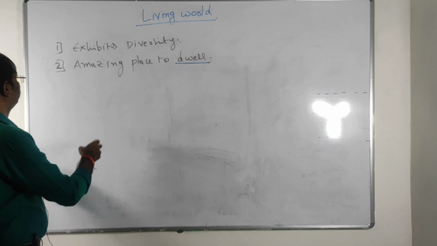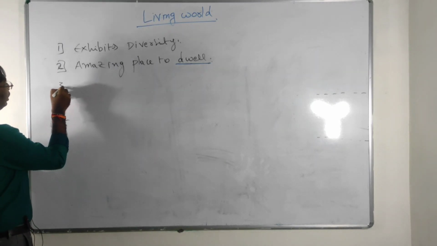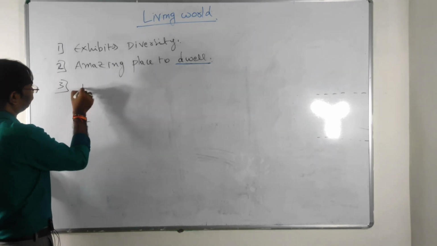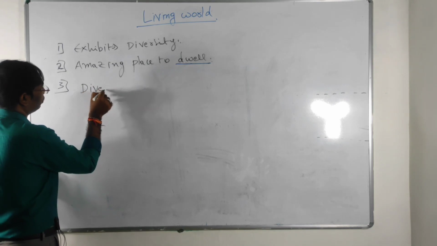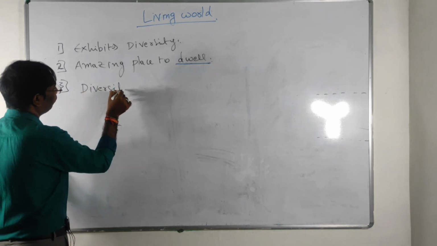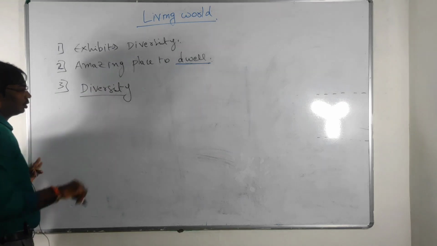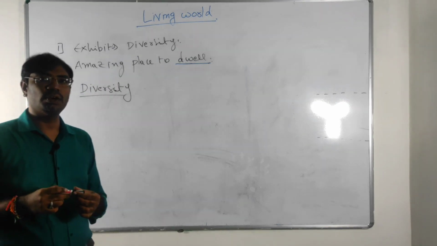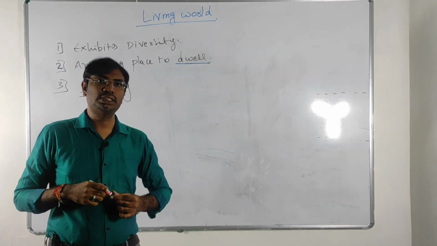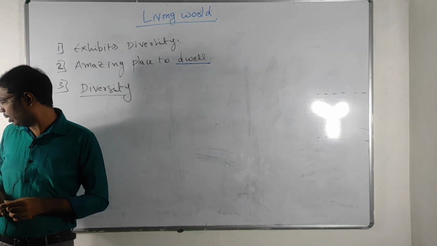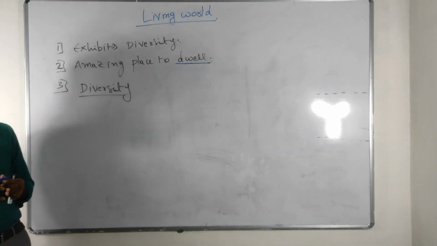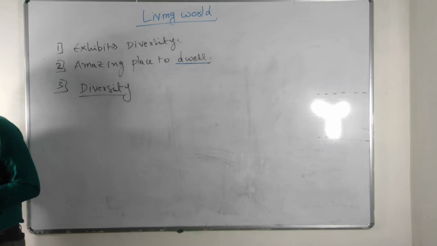Okay, so in the living world we can see vast diversity. Diversity is very big on this earth surface. Diversity means the variety of organisms located on the earth surface.